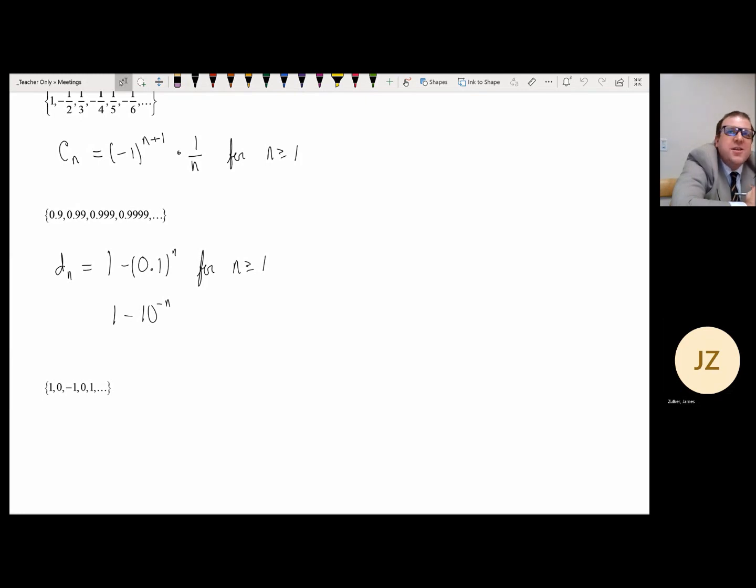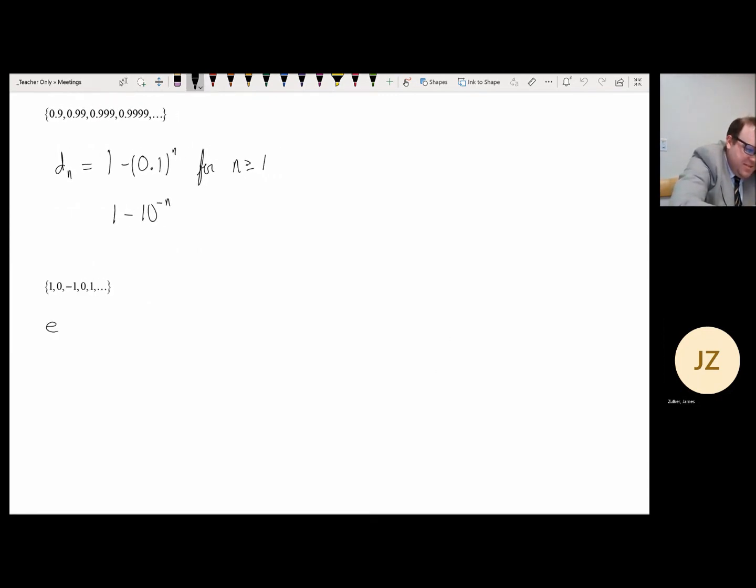The sequence: 1, 0, -1, 0, 1, so on and so forth. You're not allowed to use modulus.